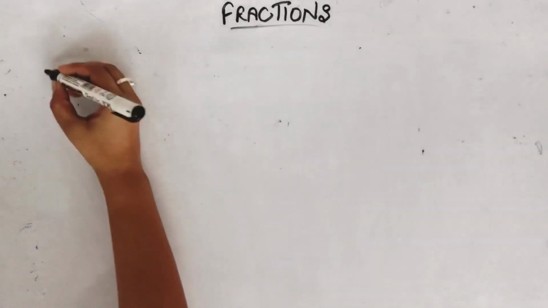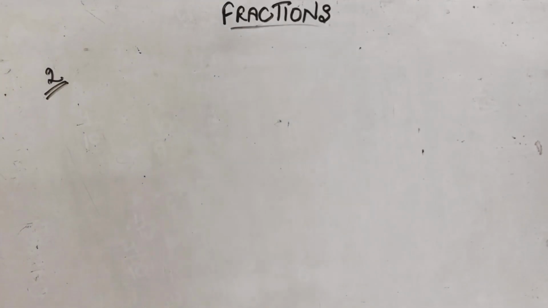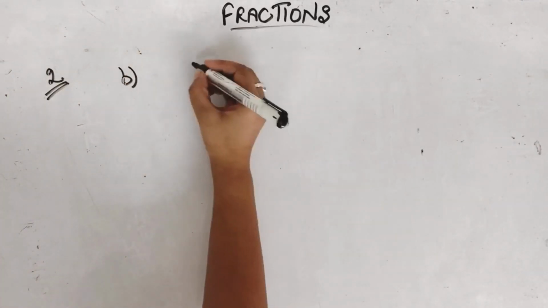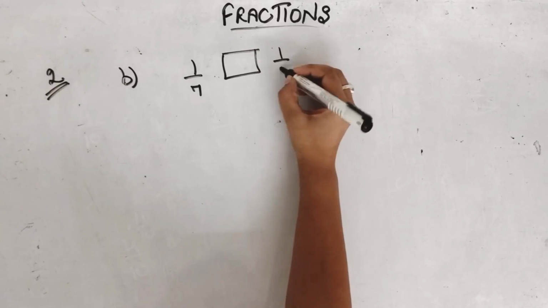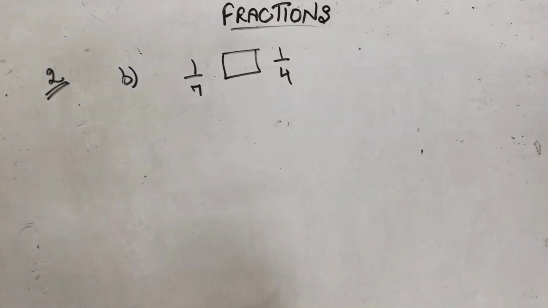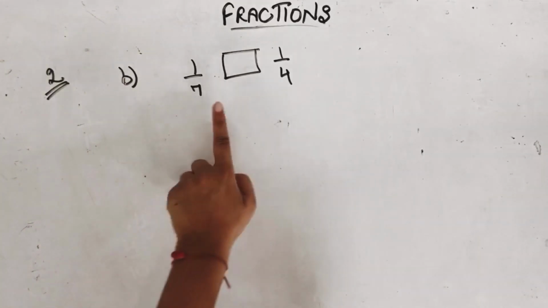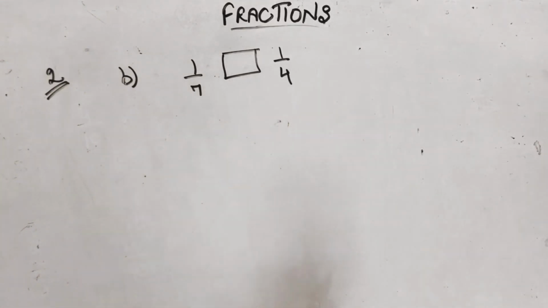Second question, compare the fractions and put an appropriate sign. I am doing the B part, 1 by 7, 1 by 4. Other parts are like fractions, you can just compare the numerators. But this B part is unlike fractions, so first you will convert them into like fractions.